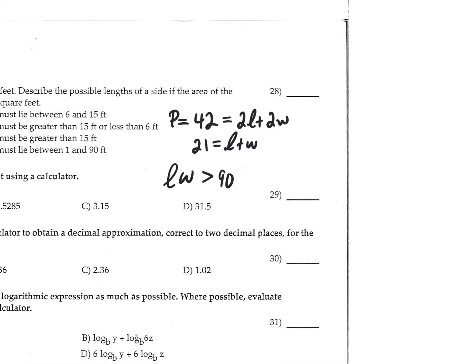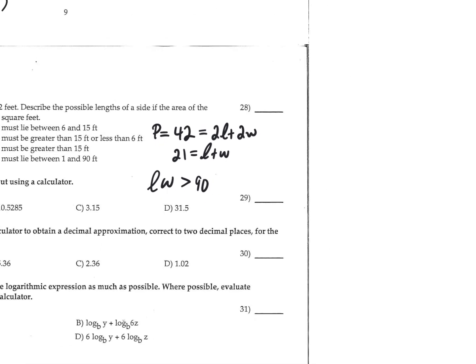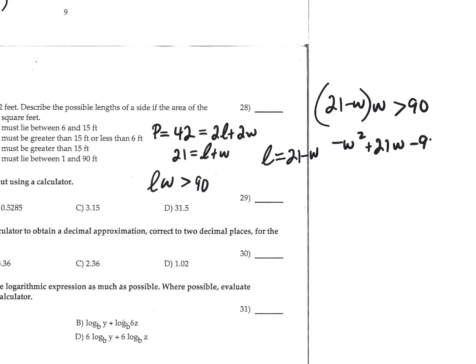So I'm going to recreate this quadratic as an inequality. I'm going to plug in L equals 21 minus W. So 21 minus W times W must be greater than 90. I'm going to expand this out. I'll get negative W squared plus 21W minus 90 is greater than 0.